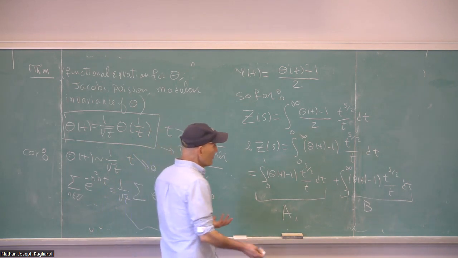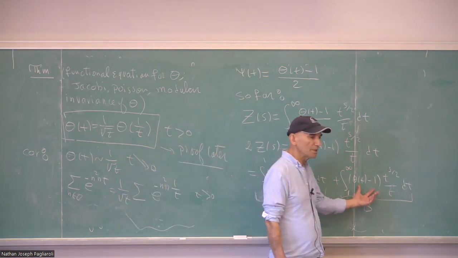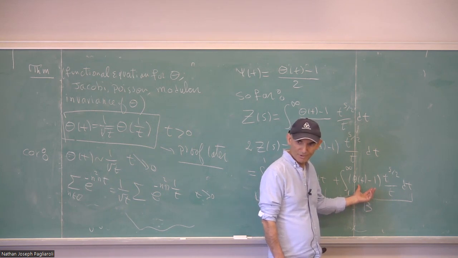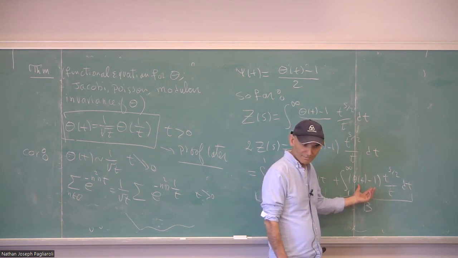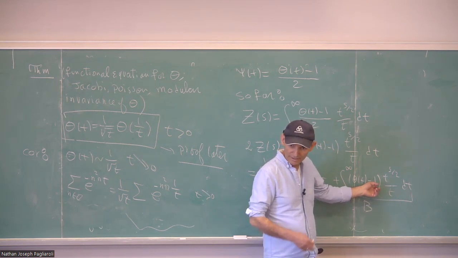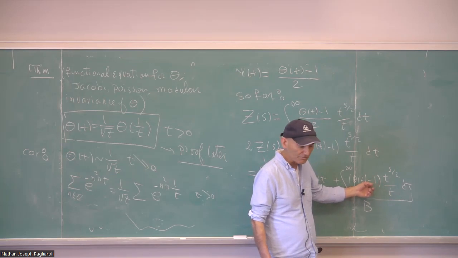You see, there are two factors here. Theta of t minus 1, how does it behave at infinity? It's rapidly going to 0 because we subtracted the constant term. So this is exponential decay at infinity.